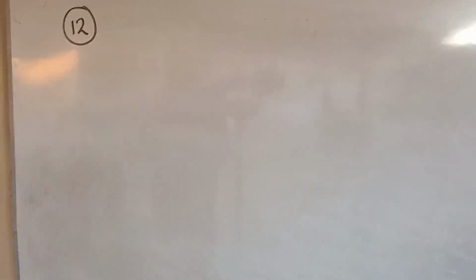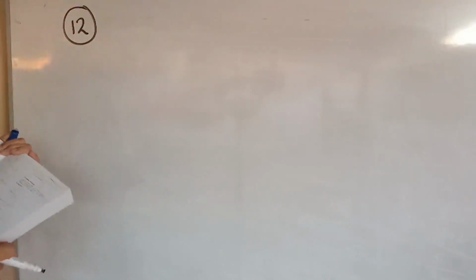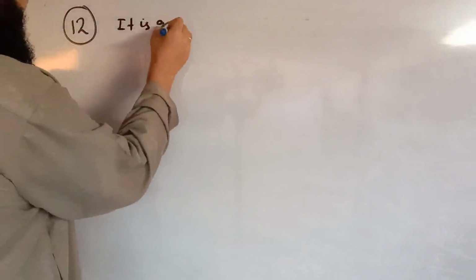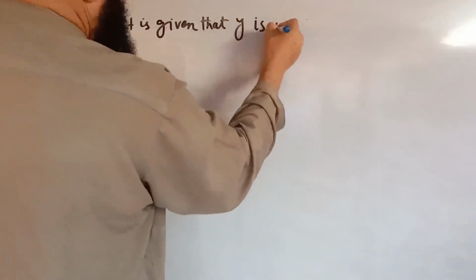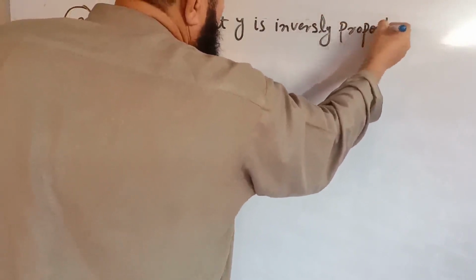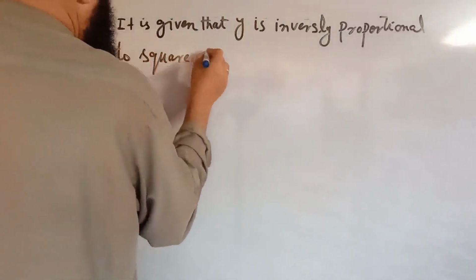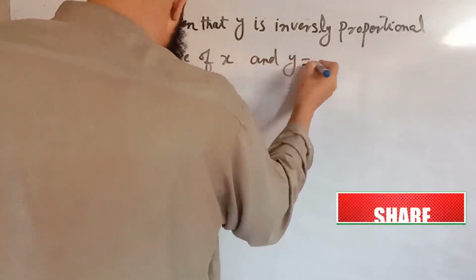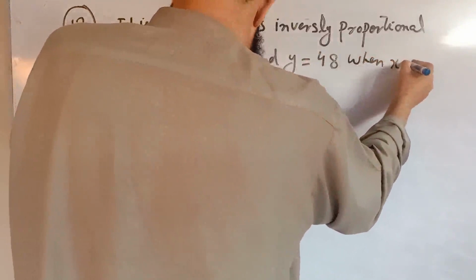Question number 12 is about variations. It is given that y is inversely proportional to the square of x, and y is equal to 48 when x is equal to 1 over 2.